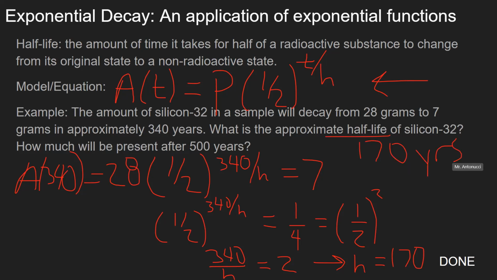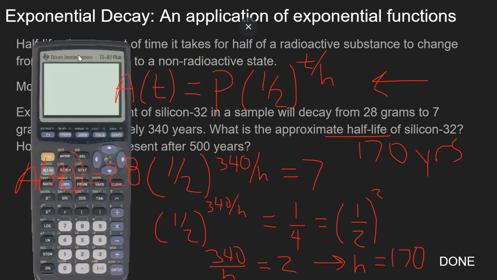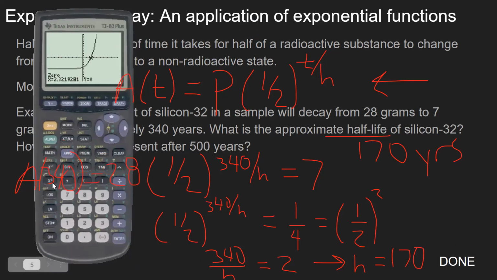Okay. Now, if I want to know how much is going to be present after 500 years, we could just take out our calculator, clear this off, and you would have 28 times 1/2 raised to the power of, now T would be 500, so 500 divided by H, which is 170.